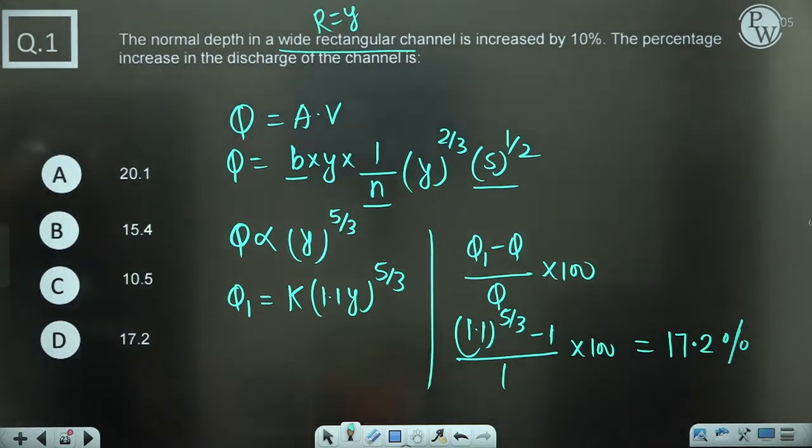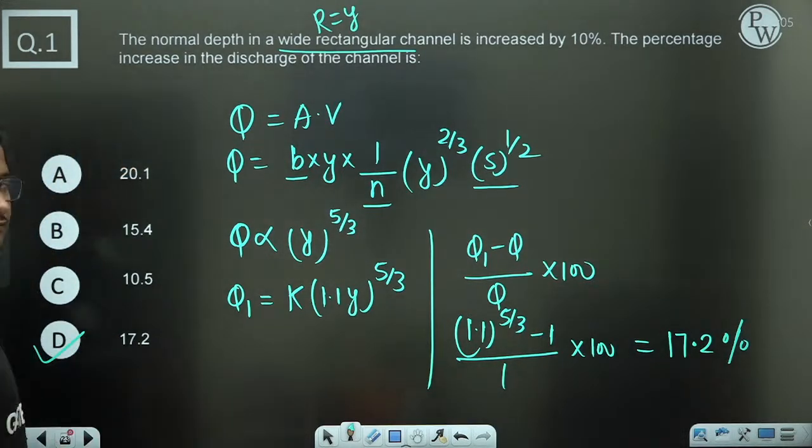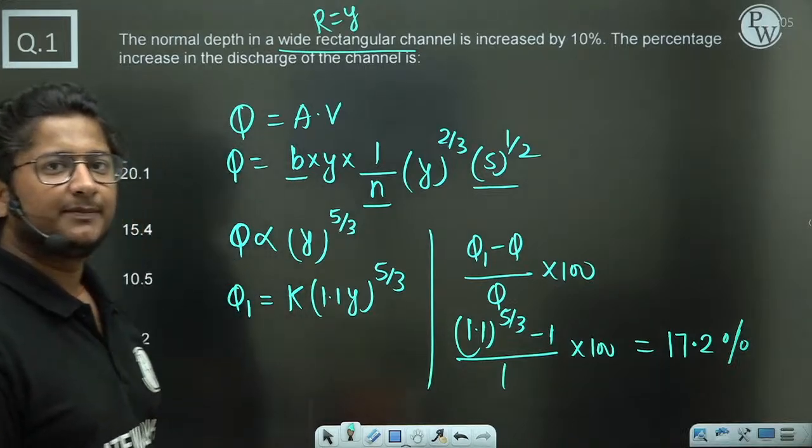Okay, so that is the percentage increase. That means the final answer will be option D. Final answer will be option D.